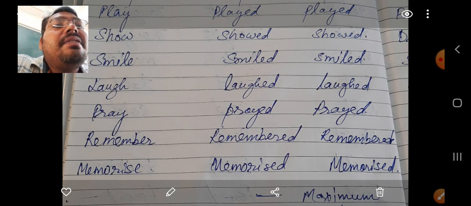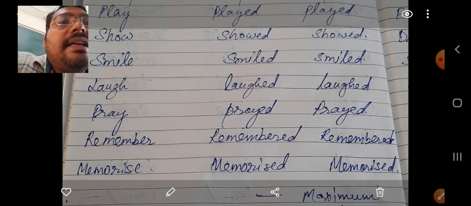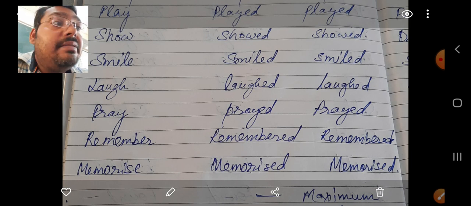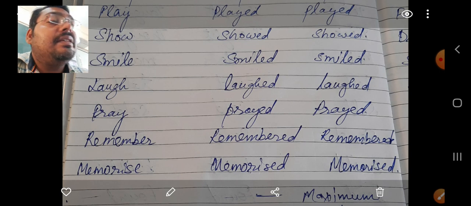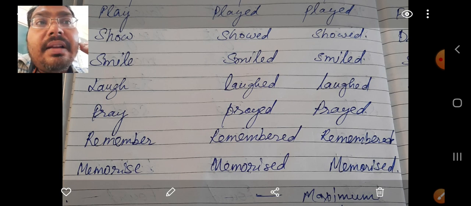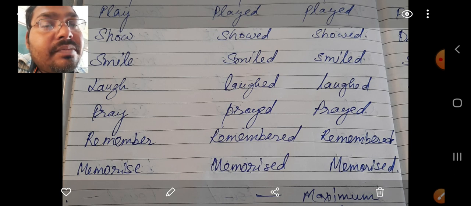I am going to tell you about 4 tables. This is the third table. If a word is not coming in table number 1, not in table number 2, and not in table number 4, then it will go in table number 3, ed verbs.